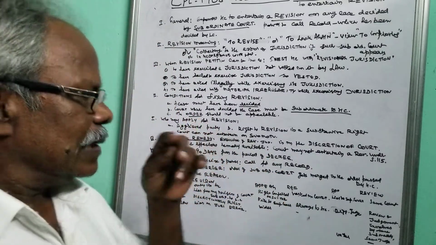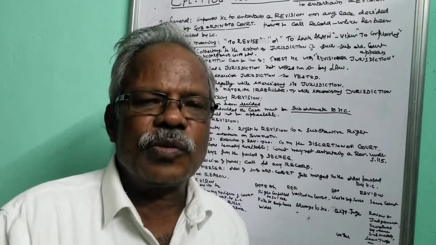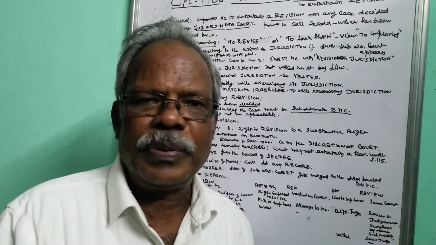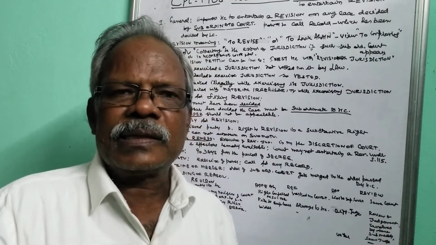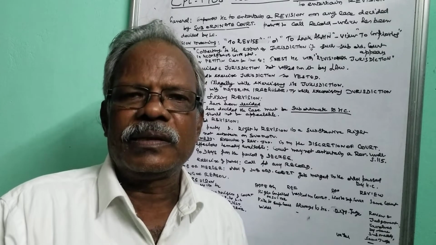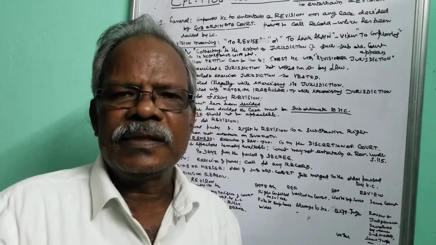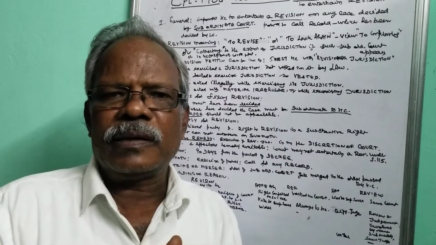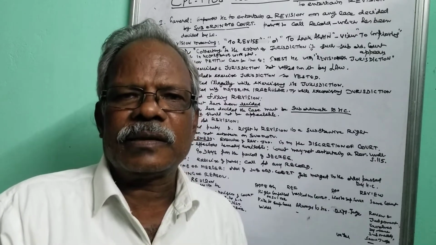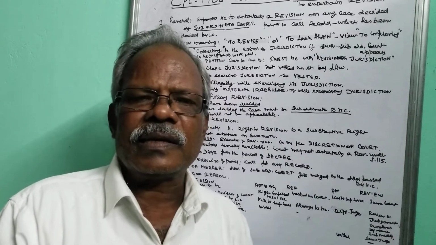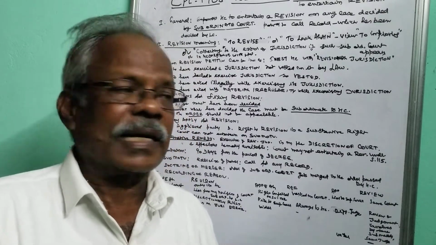Then the order should be appealable, though no appeal lies, but it should be in the form of appealable. So it should have the ingredients for appeal to the higher court.